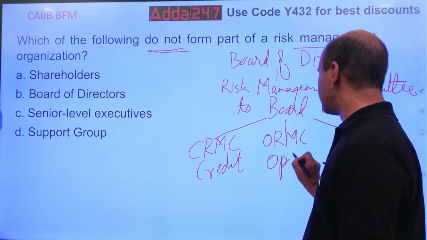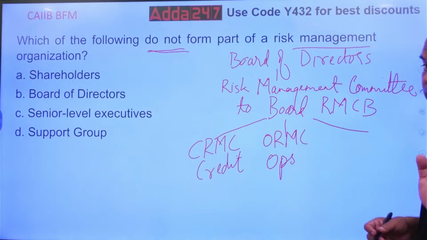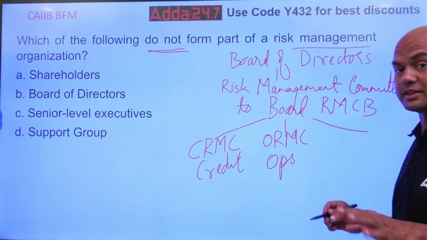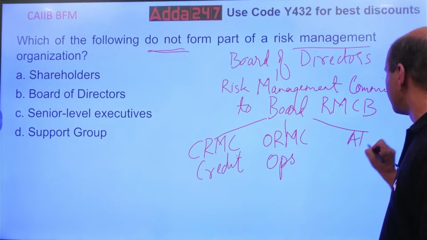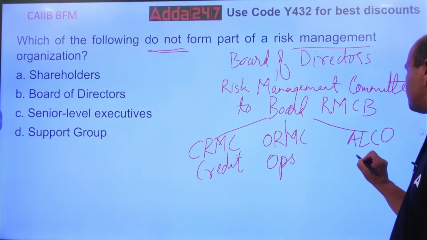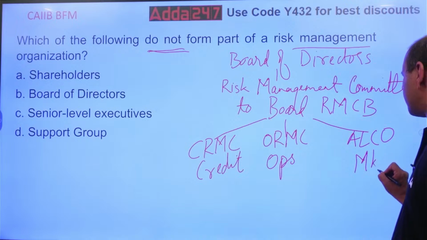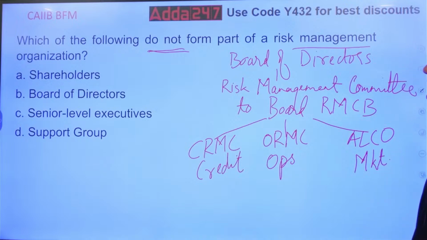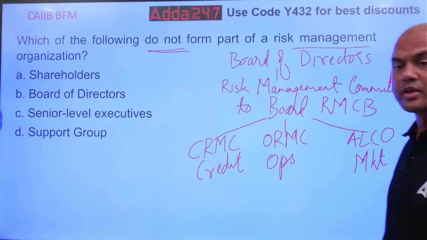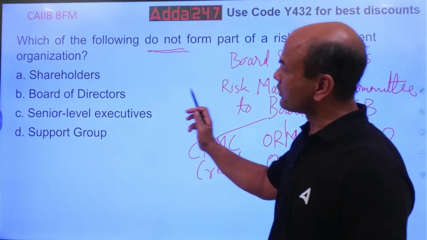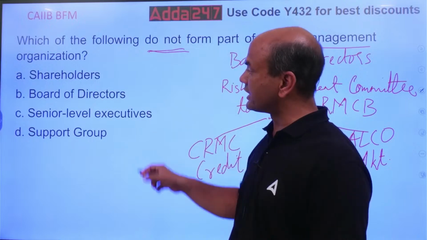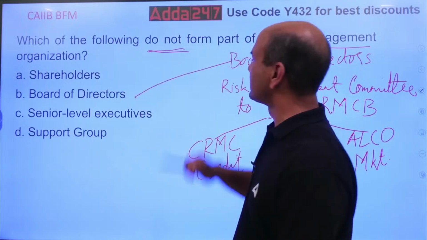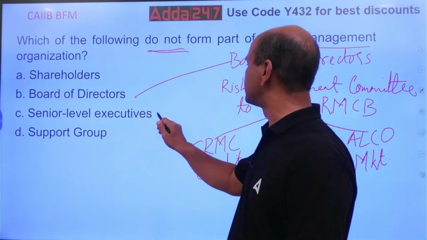And the third one is Market Risk, but that is not called MRMC. That's called ALCO. So this measures the market risk. Now look at the question. What is important over here? Who all are the stakeholders? Board of directors, they are there. Senior level executives, they are there.